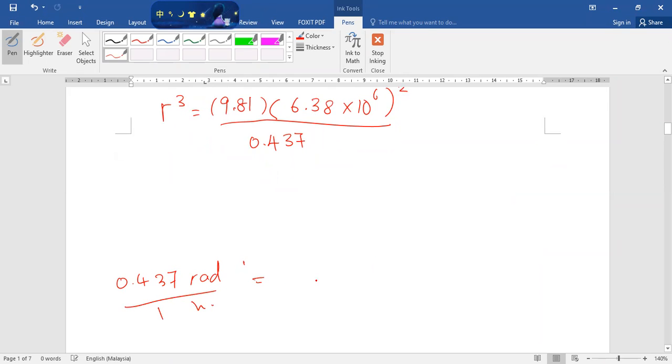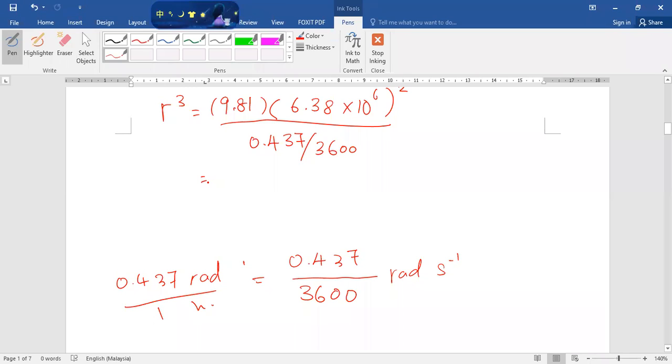We need to convert it into radian per second. So 1 hour is equal to 3600 seconds, which means we need to divide by 3600 seconds. So equal to how much?